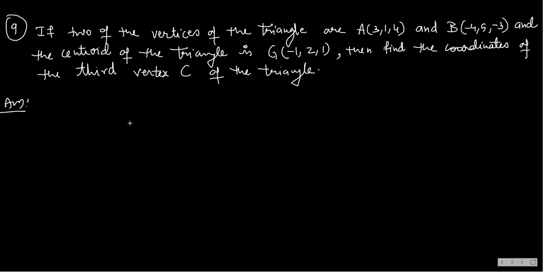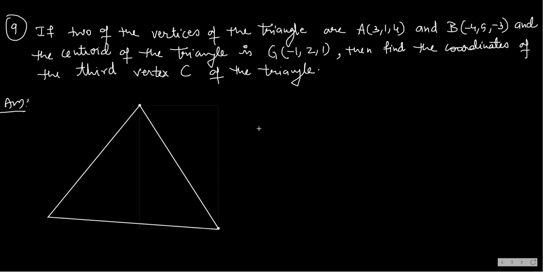So what is the triangle? The triangle is ABC, and they give us two of the vertices of the triangle. The coordinates of A and B are given. They say A is 3, 1, 4, B is -4, 5, -3.